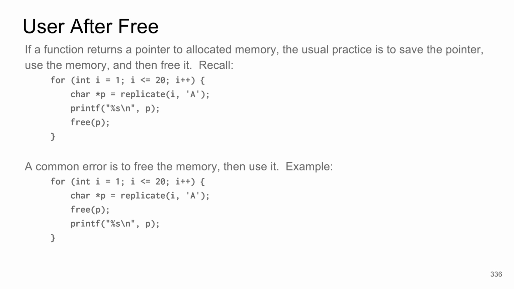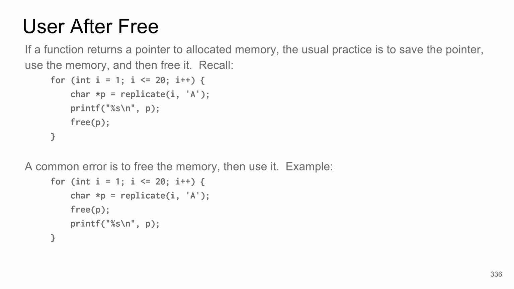A common error is to free the memory, then use it. Hopefully you are all smart enough to not do this, but there can be more difficult to find cases of this same kind of issue, where you get a block of allocated memory, you free it, and then you try and use it. This is just an extremely obvious one, but it's illustrating the point that this is an error.